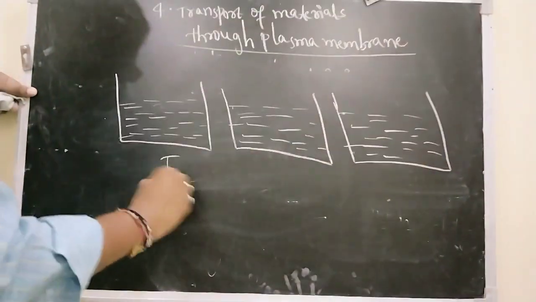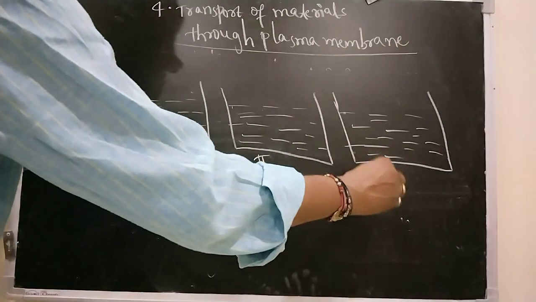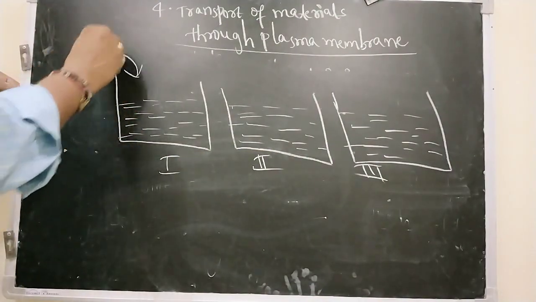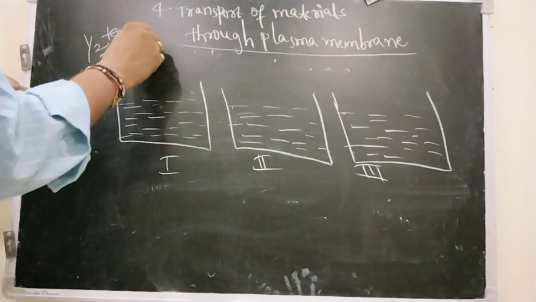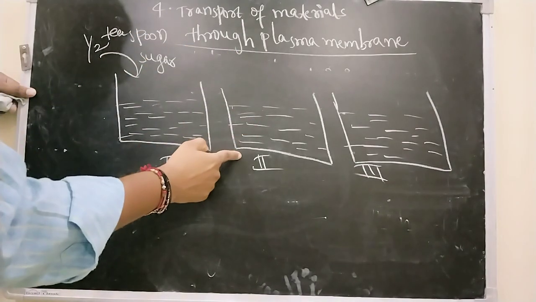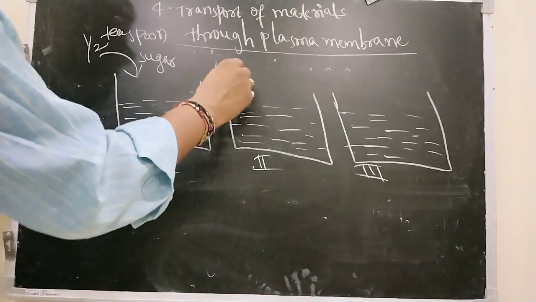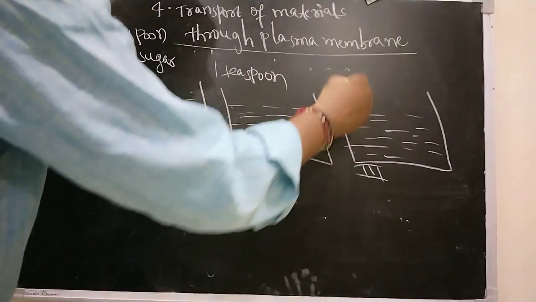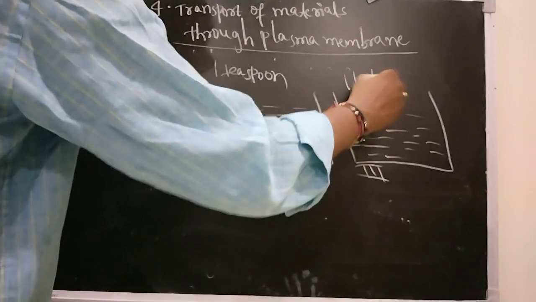So this is the first beaker, second beaker, third beaker. To the first beaker, add half teaspoon sugar. To the second beaker, add 1 teaspoonful of sugar. And to the third beaker, add 1.5 teaspoon of sugar.